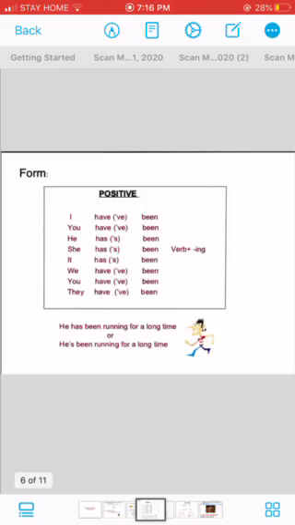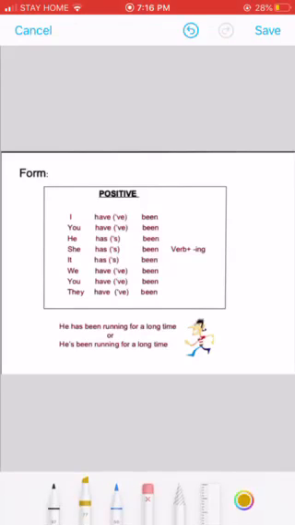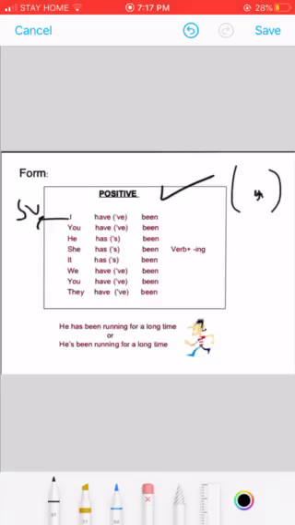Affirmative form for present perfect progressive or present perfect continuous. So in positive or affirmative, it starts with the subject.